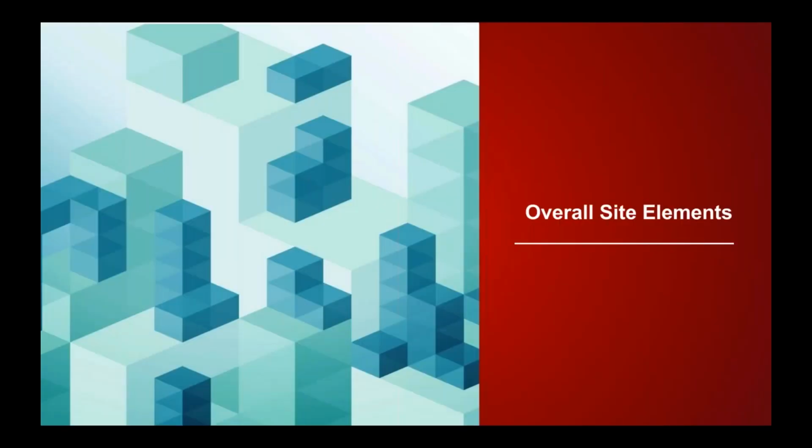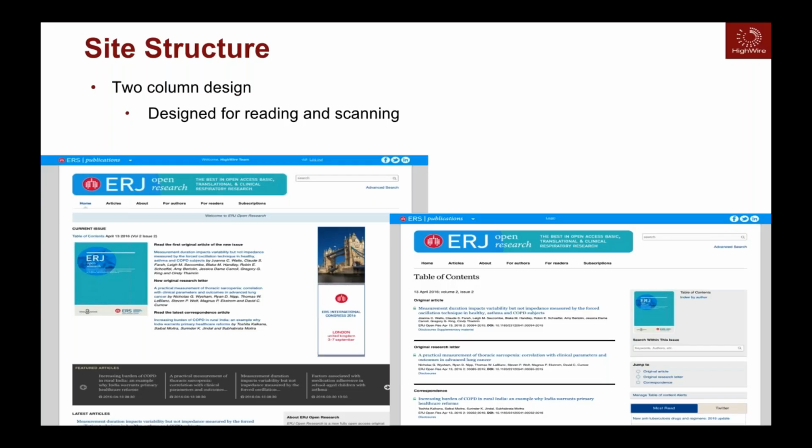All right, so I'm going to walk through the overall site elements of JCore. The basic design is a two-column design, and you'll see this throughout the site. It's really designed for reading and scanning. You can see on the left we have the journal level site, and then we go down to the table of contents, and they follow a similar layout.